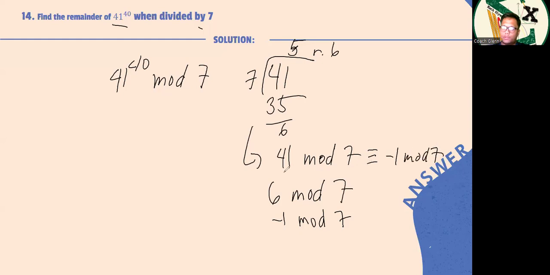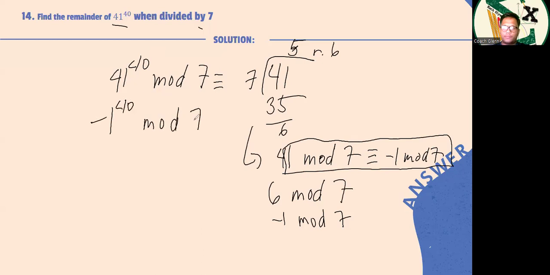We can use this information to substitute here. So 41 raised to 40 mod 7 could also be written as -1 raised to 40 mod 7. As we know, -1 raised to an even exponent would become +1. So this is written as 1 mod 7. Therefore, you have a remainder of 1. Any questions for number 14?